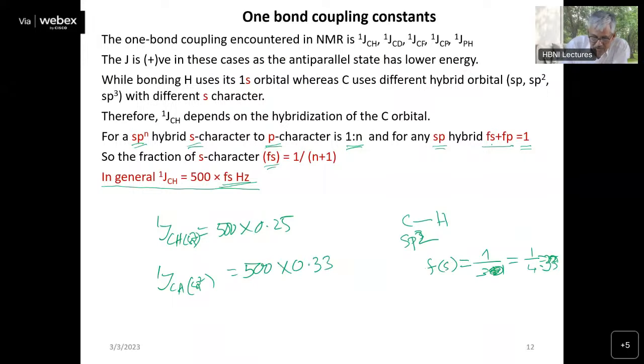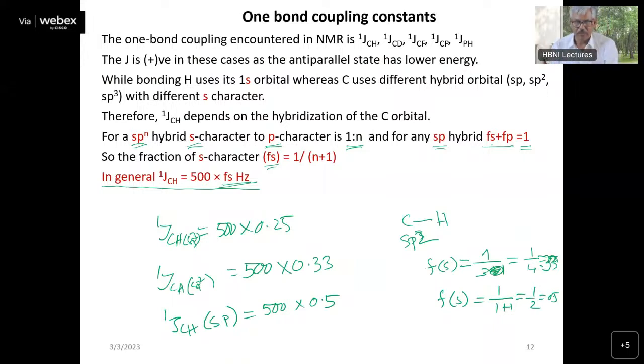Now if you consider 1JCH sp hybridized, it will be 500 into 0.5, because fs of sp is 1 divided by 1 plus 1, which is 1/2, equal to 0.5. So you will see that as the s character increases, the coupling constant value will be more.